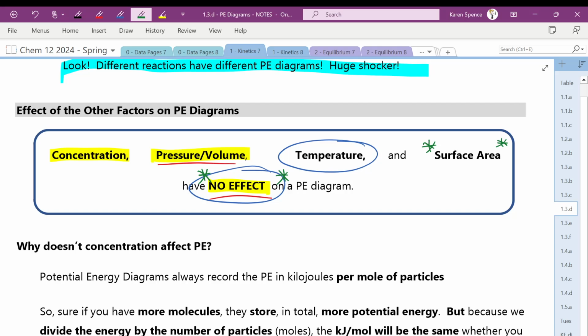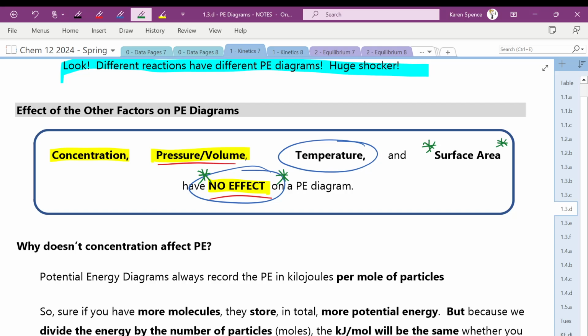Sometimes people don't like that one because they're like, oh, if I make the temperature higher, I've made the kinetic energy higher, doesn't the potential energy need to get lower? The problem with that argument is when I heat something, when I increase its temperature, I am bringing in heat from outside the system, right? So I'm not actually increasing the kinetic energy by decreasing potential. I'm increasing kinetic by bringing in energy from somewhere else.